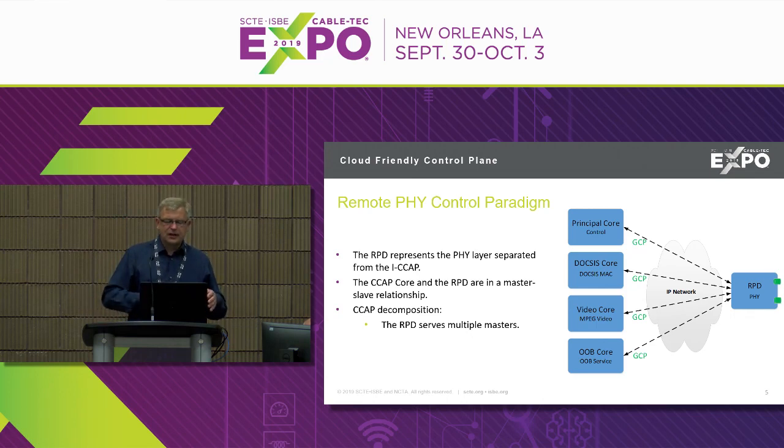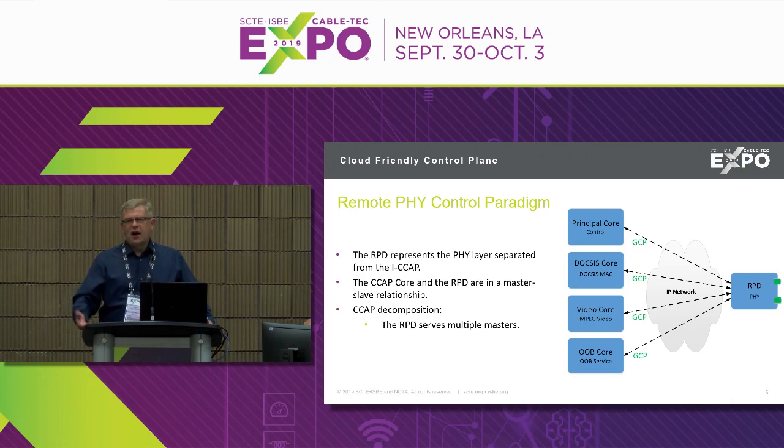In this setup, the CCAP core and the RPD are in a master-slave relationship. The CCAP core controls the RPD and acts as a master. The RPD is a slave and takes control from the CCAP core. With CCAP core decomposition, which is division of function of the CCAP core into independent systems, the RPD must serve multiple masters.